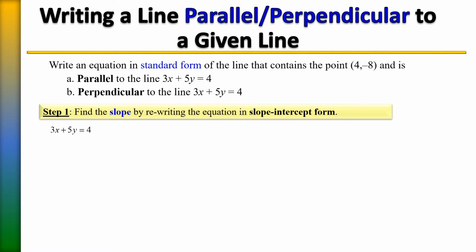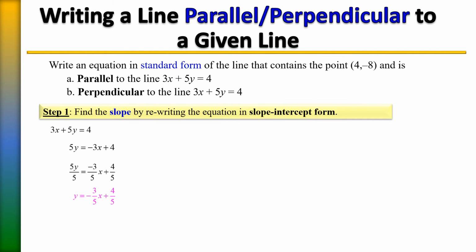So the first step to solving for y, we're going to go ahead and subtract 3x from each side. Last step to solving for y, we're going to divide by 5. Recall, what you do to one side, you must do to each side and to all members of each side. When we simplify that, our line is y equals -3/5 x plus 4/5.